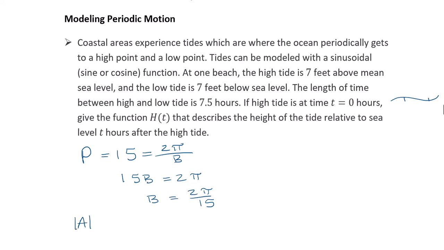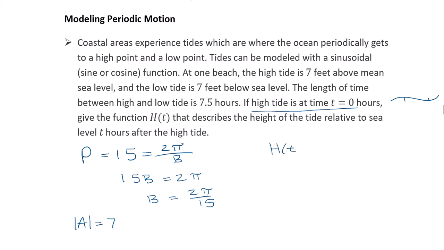Amplitude is the absolute value of A. Now, we want some function that starts at high tide being at time t equals 0 hours. Between the sine and the cosine functions, the cosine function is the function that starts at its maximum. So that will be the function we'll use.